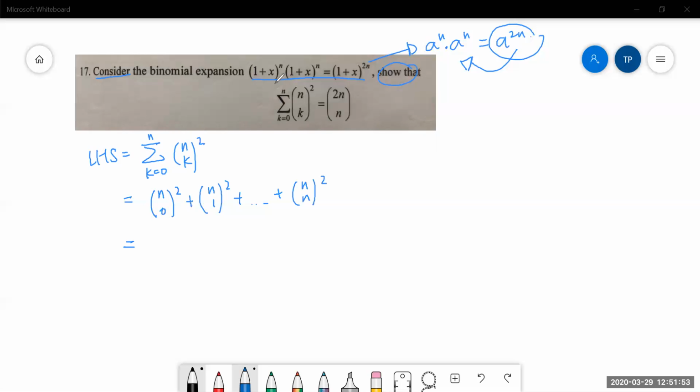Let's see. So what we have here is n choose 0 times n choose 0 plus n choose 1 plus n choose 1 plus n choose n.